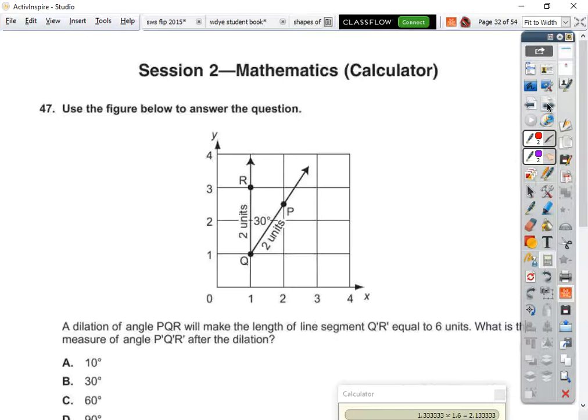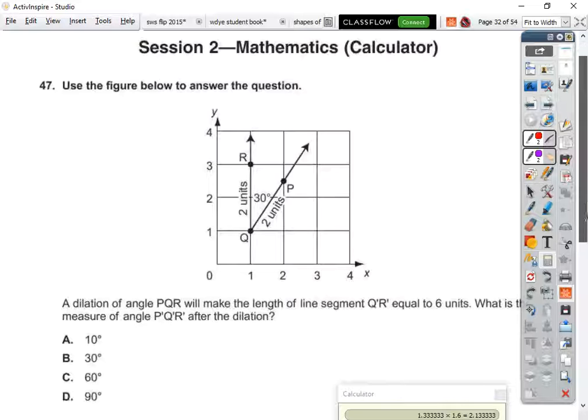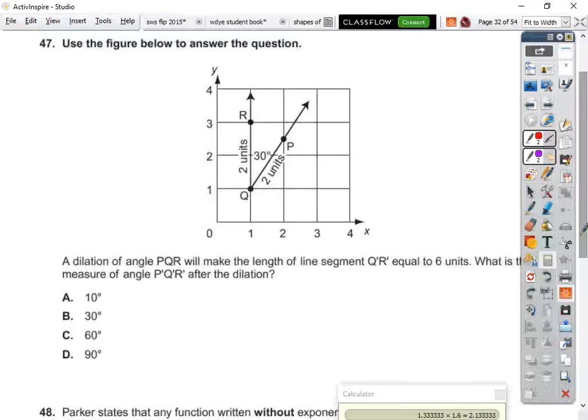Oh. Alright. Use the figure below to answer the question. A dilation of angle PQR will make the length of line segment Q prime R prime equal to 6 units.